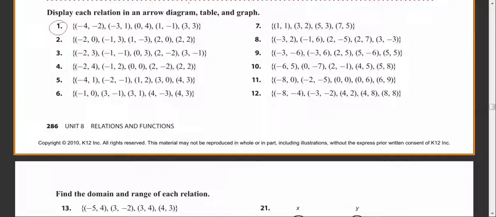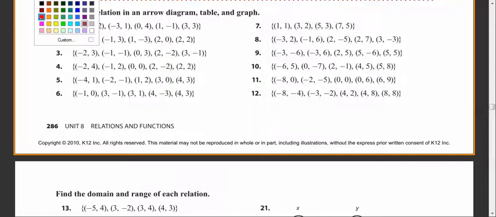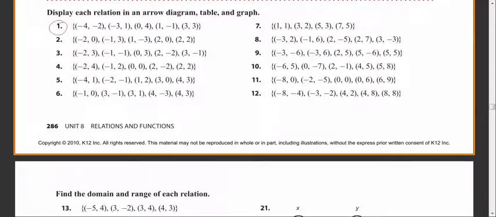Well, one way to start would be to identify, like we did in the previous page, or two pages above, your domain, and you will circle the first numbers. This will make your domain, your input.